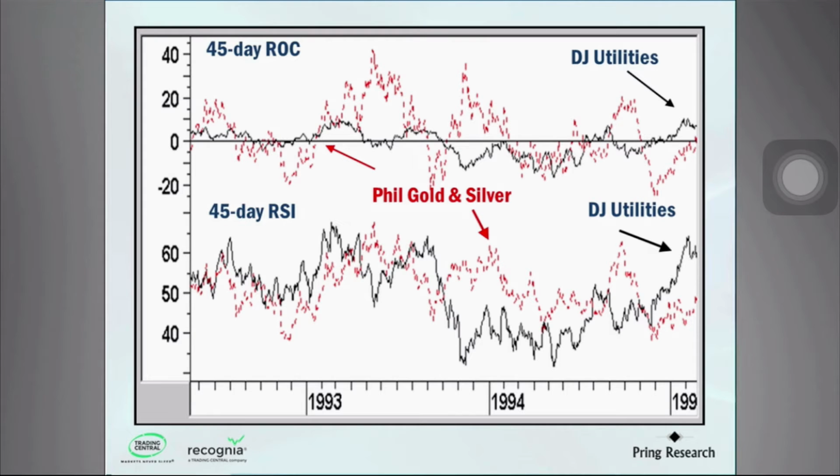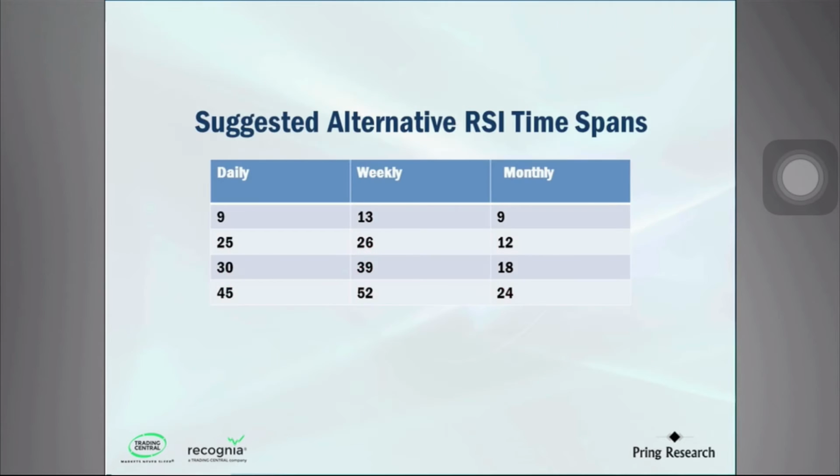With the ROC, it's not easily possible to compare the two, because the utilities are far less volatile. On the other hand, you can see that the divergence in volatility is far less for the RSI. Because of this, it's much easier to establish universal standards for the overbought and oversold benchmarks that can be applied to any security. In practice, a 14-day time span works quite well, but only for shorter periods.